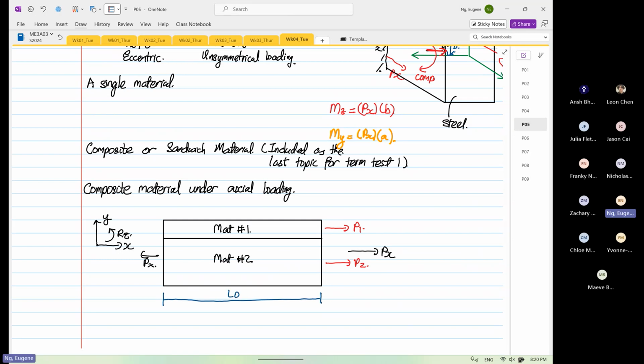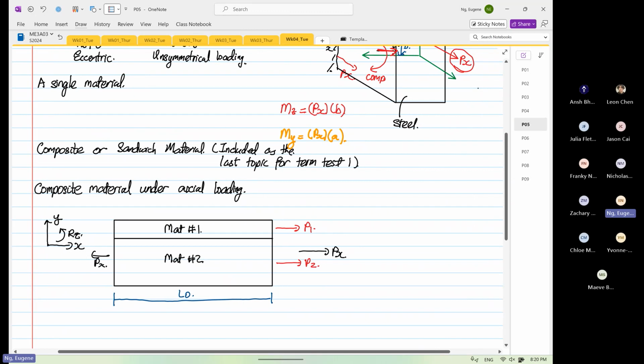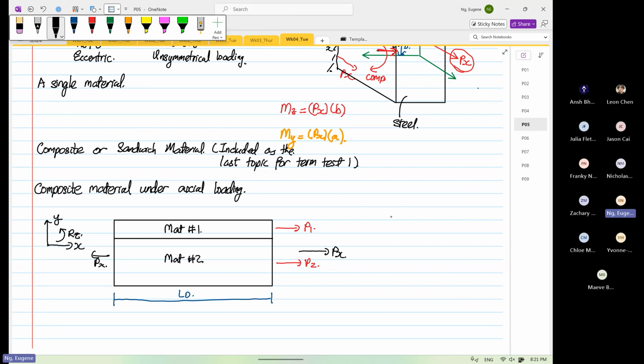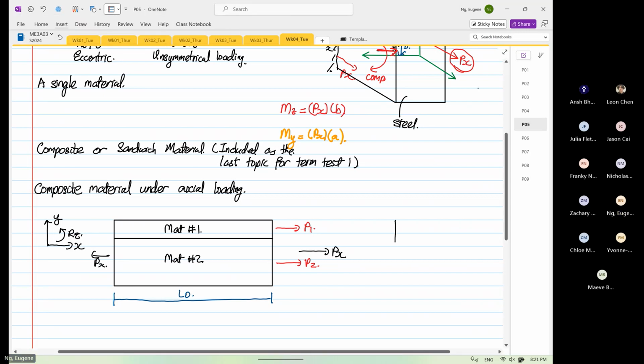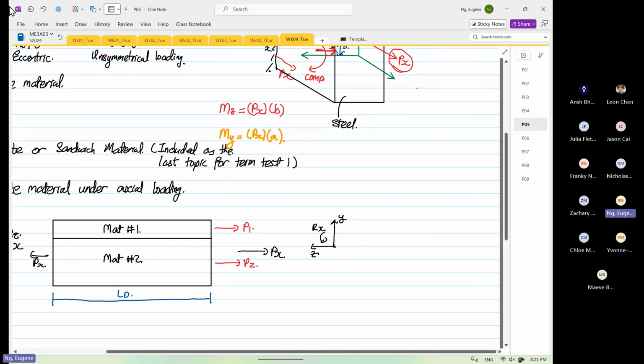Overall we have our original length, this is our L0. So if we look at our cross-section view, I'm going to sketch it. This is our Y, this is our Z, this is our rotation about X. So the cross-section view looks like this.